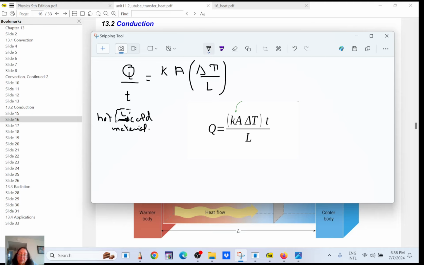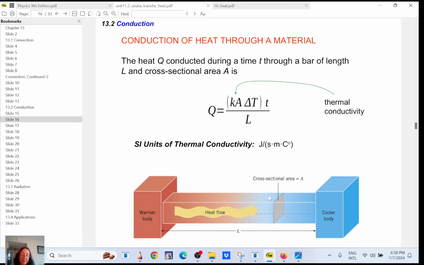I don't know if you can see the area here. This is the area, and this is the area. You have a nice drawing here.